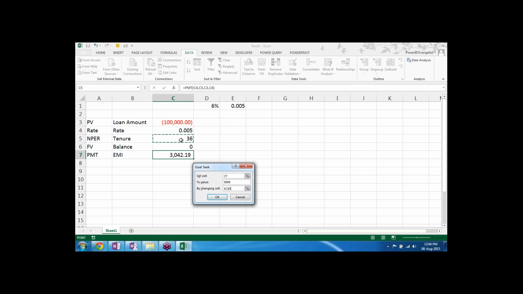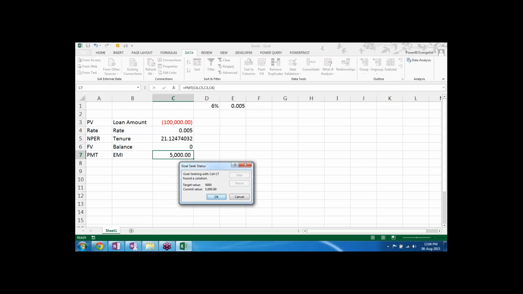This is the tenure. So I'm saying that instead of 3,000, if I pay 5,000 as my EMI, and I have taken a loan of 1 lakh itself, then how fast can I recover this loan. Definitely my tenure will be lesser. So if I say OK, automatically it calculates.